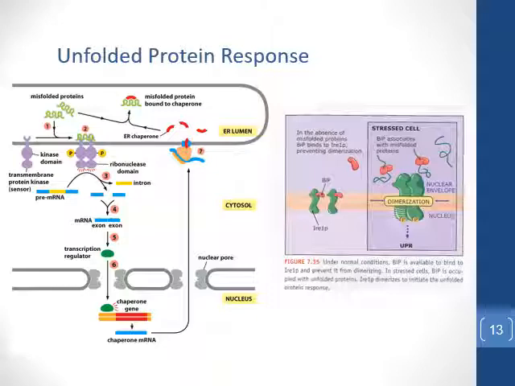It remains in its monomeric form under normal conditions, and it remains in its monomeric form because it has a binding site for BIP. Now, if BIP is bound to IRE1, what does that tell you about BIP? It tells you that BIP is not busy folding proteins.